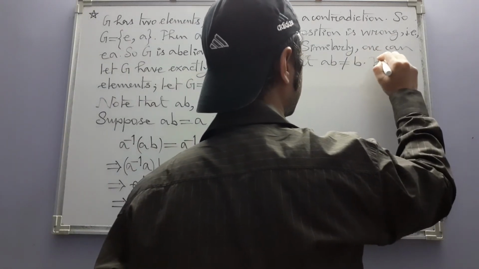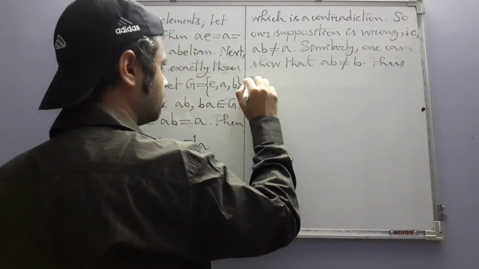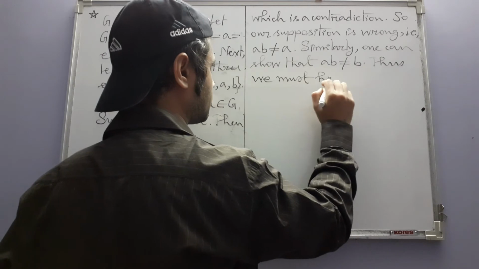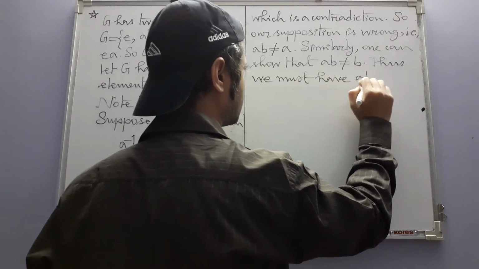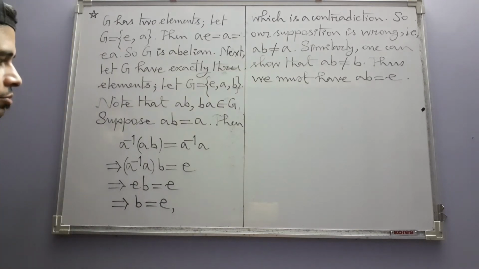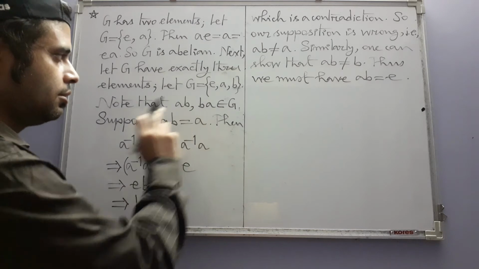Thus, we must have AB equal to E. And whatever we have done, all these things with AB can also be done with BA.